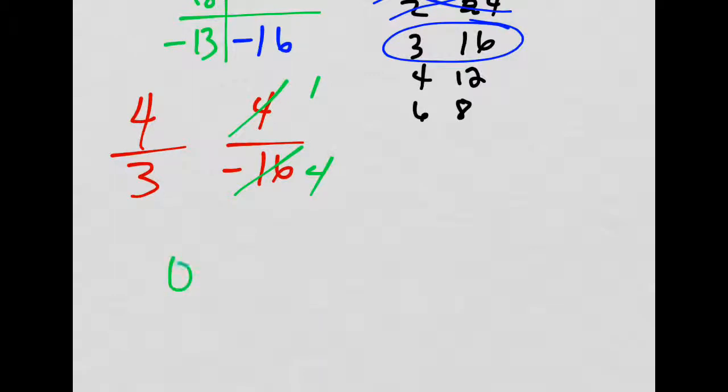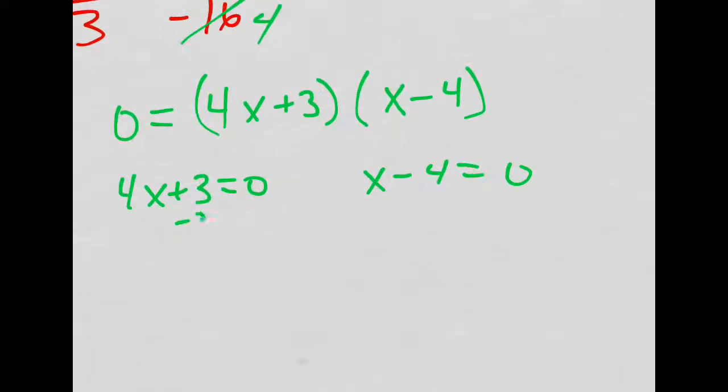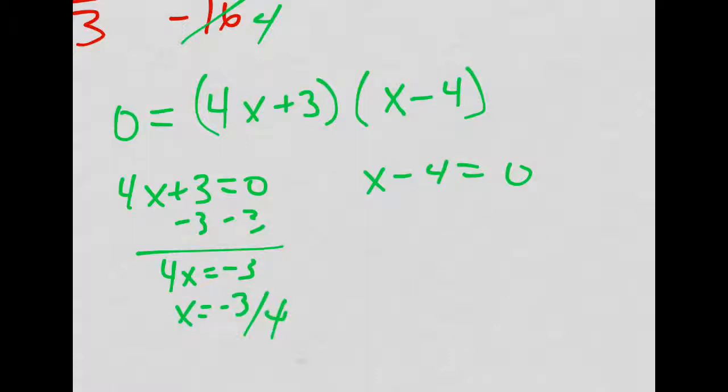So my two parentheses are 4x plus 3 times x minus 4. So that's 4x plus 3 equals 0, and x minus 4 equals 0. So that's minus 3. So x is equal to negative 3/4, and x is equal to positive 4.